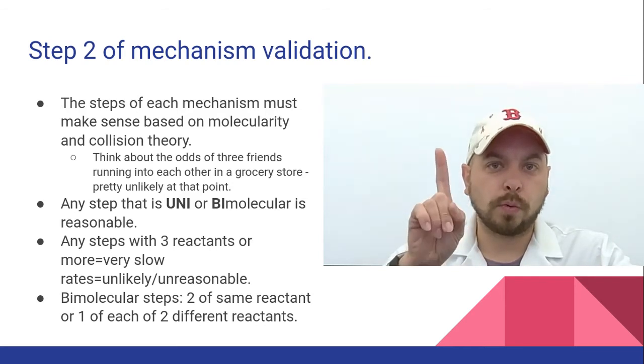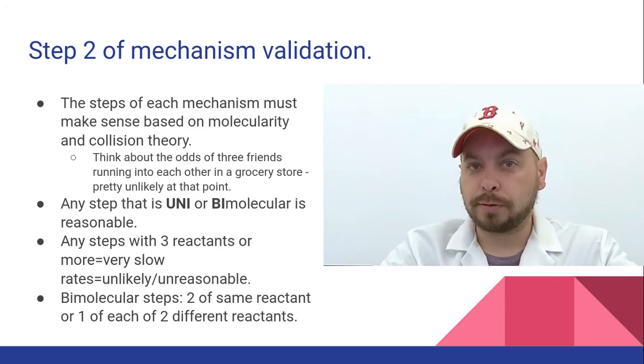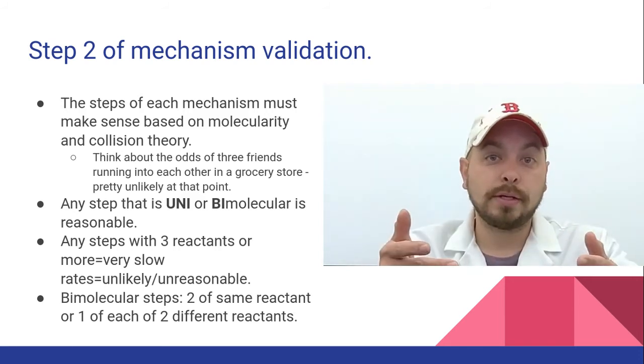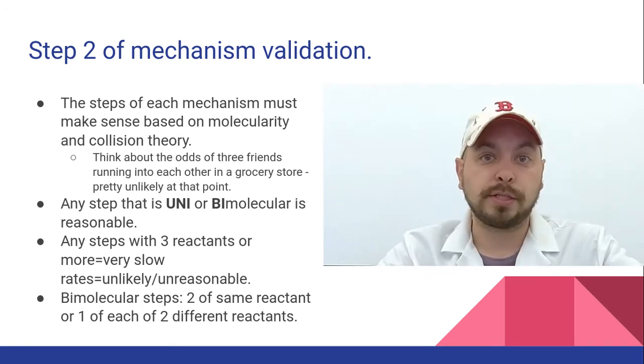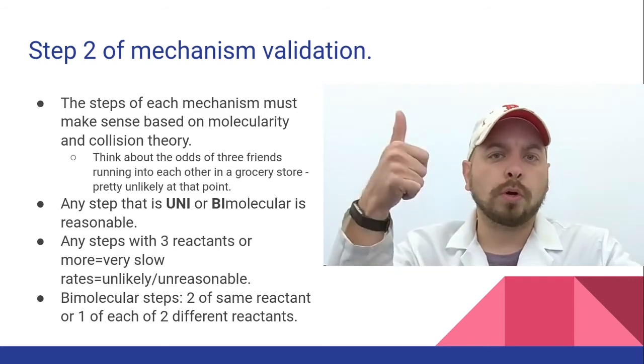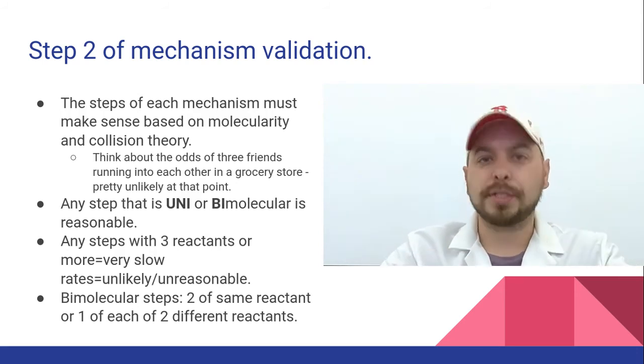so these are events that require one molecule, in other words, decomposition events, or bimolecular, these are events where 2 molecules collide, either 2 of the same species or 2 of different species will collide at the same time in the same place. Anything 3 or over, we consider to be unlikely and therefore unreasonable.